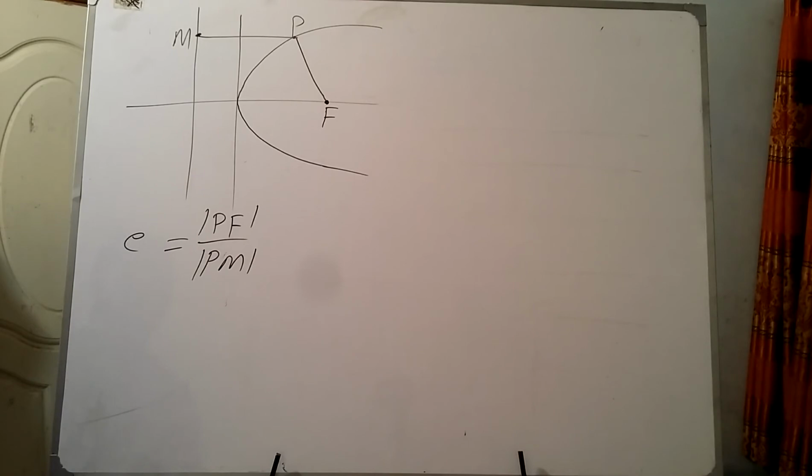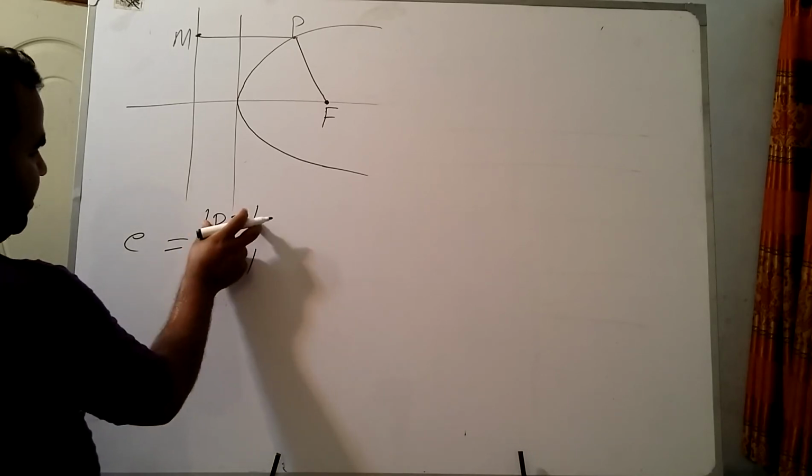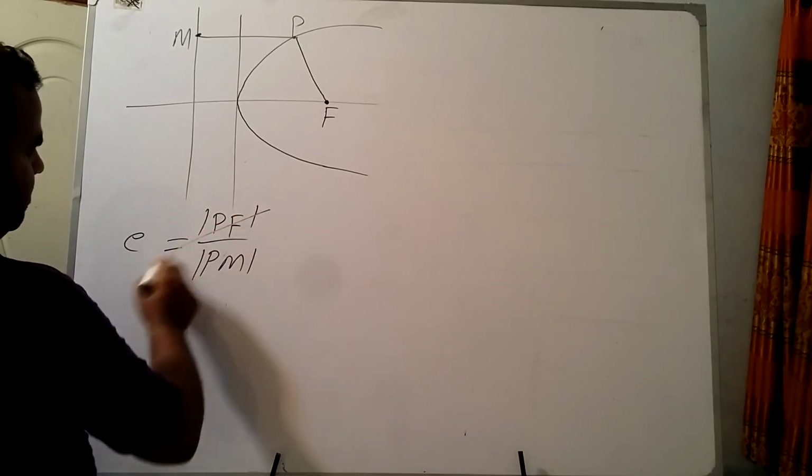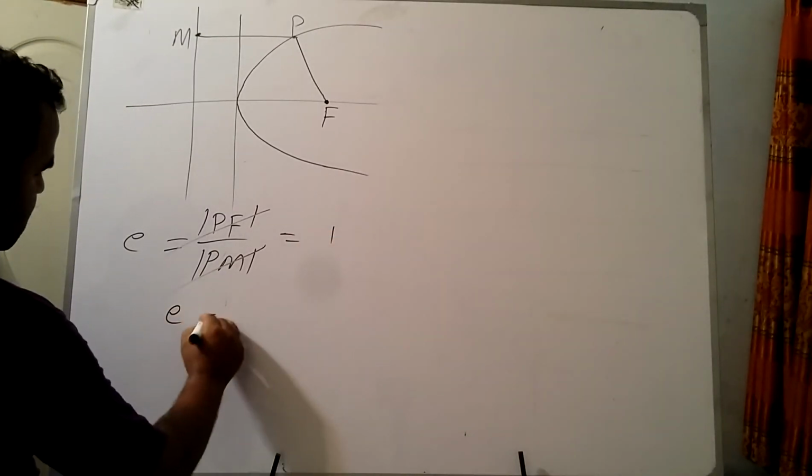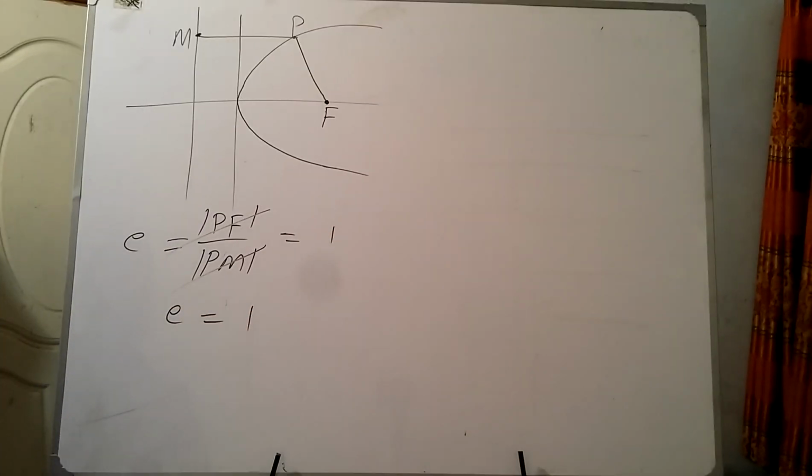In a parabola PF length and PM length are the same. It means that if PF and PM are the same, they will cancel out, and our answer should be 1. So eccentricity is 1 in the case of a parabola. Thank you very much.